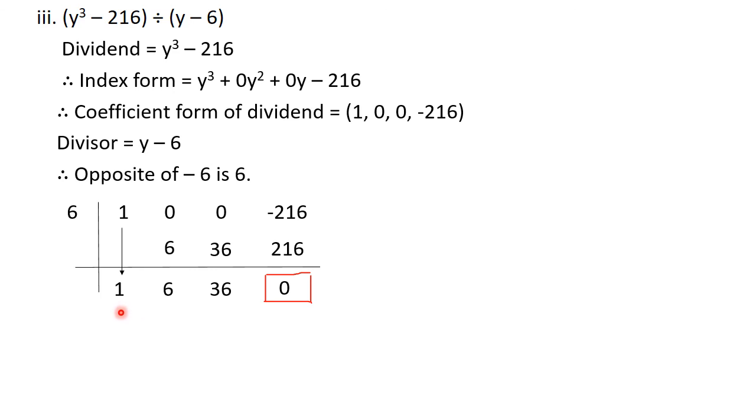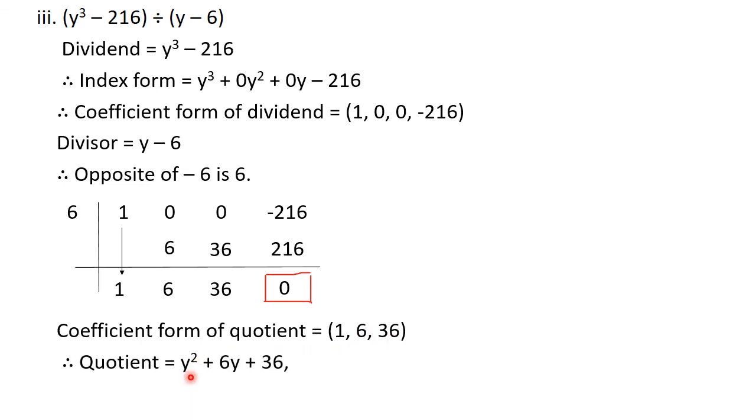So after this, let us write down the coefficient form of the quotient, that is 1, 6 and 36. And from that we can write down the quotient as y square plus 6y plus 36, and the remainder here is 0. Okay, so two sums I have done for you. You have to do the remaining two sums as homework.